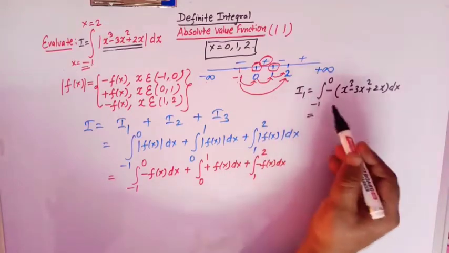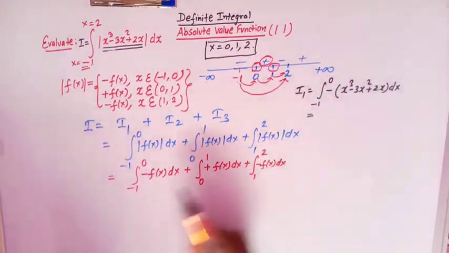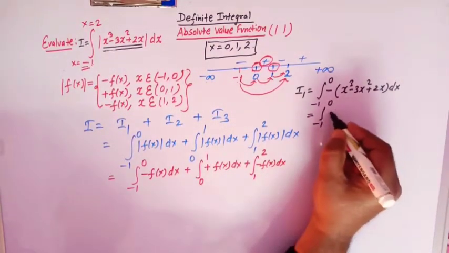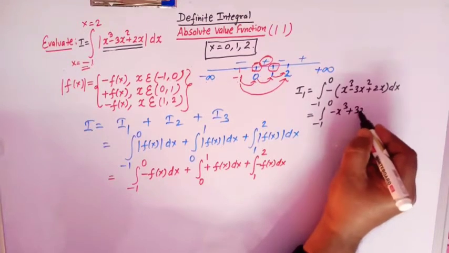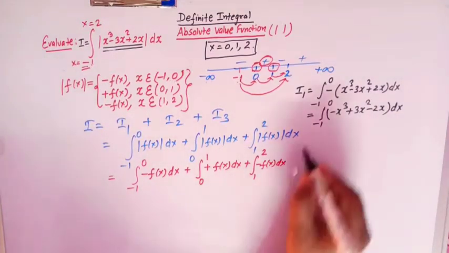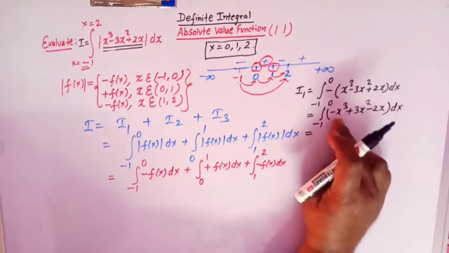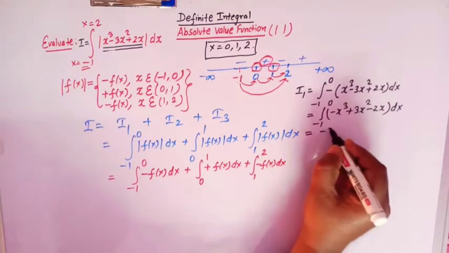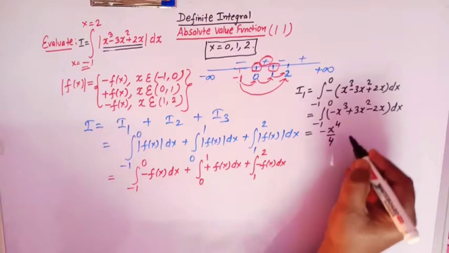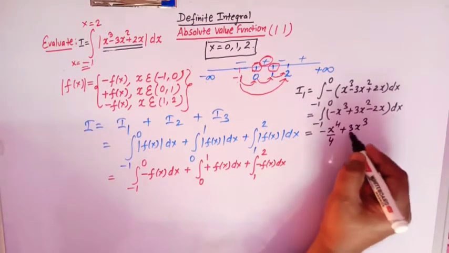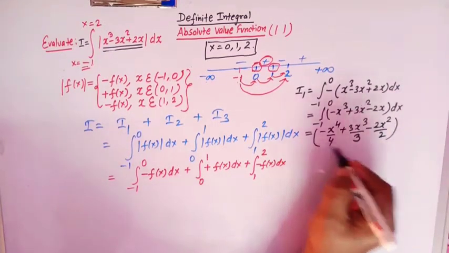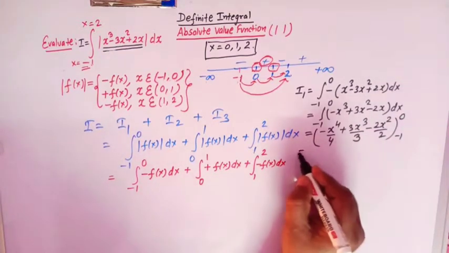Now viewers, I1 is now given by this integral. Here f of x is this polynomial, and now we can write -1 to 0. Here we have minus x cube plus 3x square minus 2x and dx, right? Now we can easily integrate these three terms. So we have minus x cube is x raised to 4 over 4, then we have 3x cube over 3, and then we have 2x square over 2, and the limits are from -1 to 0, right?